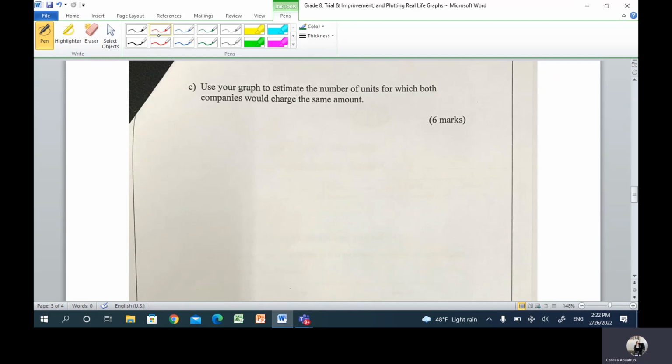So the first equation, for the first company, the X company, is y equals 30 plus 0.02x, which is the same as c equals 30 plus 0.02u.